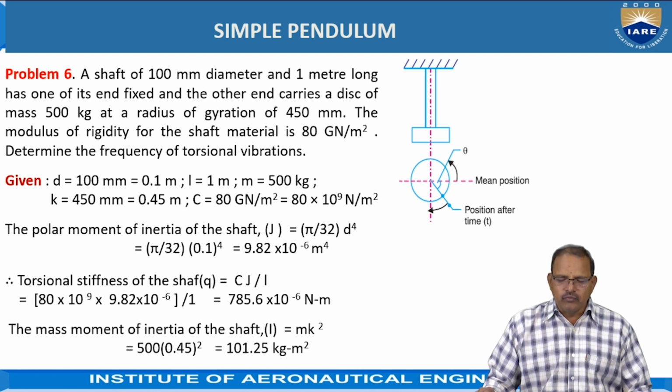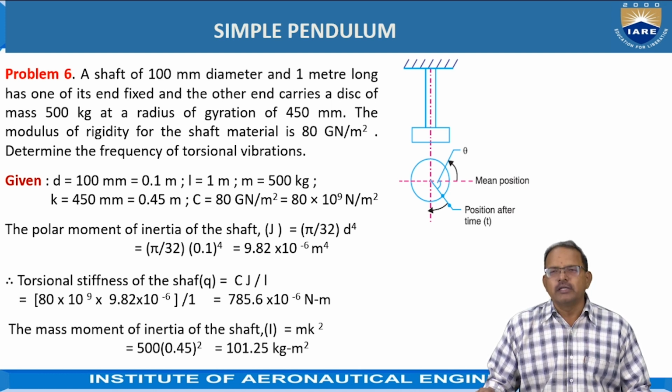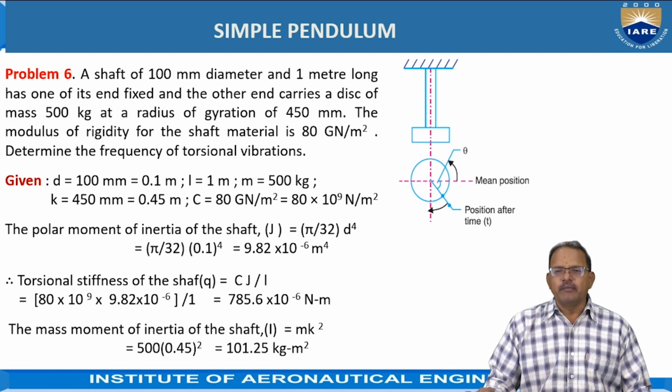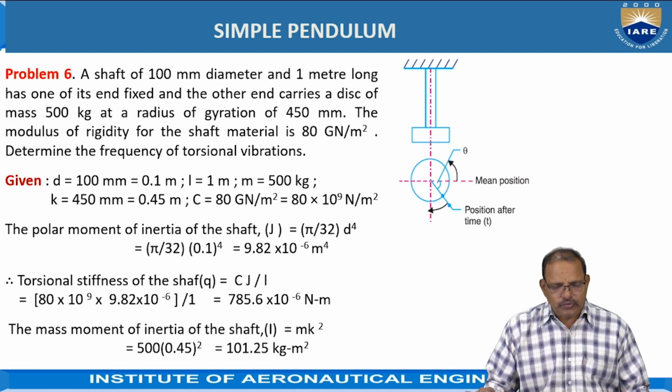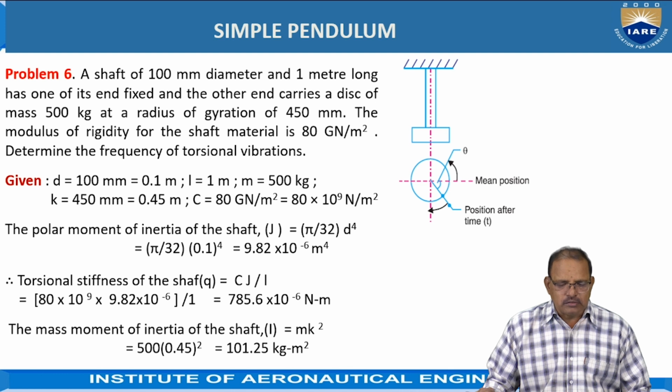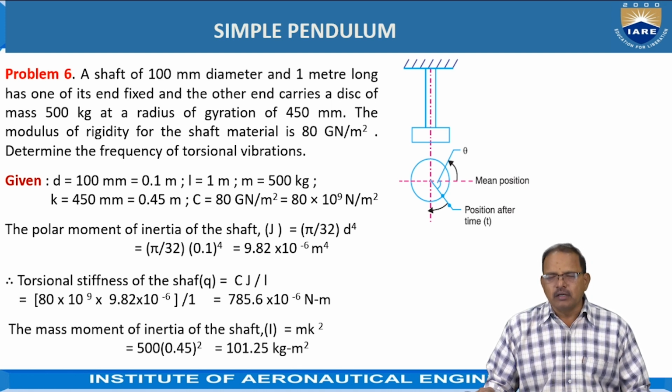When oscillation takes place, torsional stresses are induced in it. So here the problem: a shaft of 100 mm diameter and 1 meter long has one end fixed and the other end carries a disc of 500 kg at a radius of gyration of 450 mm.